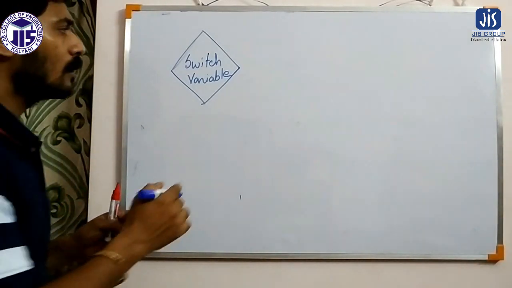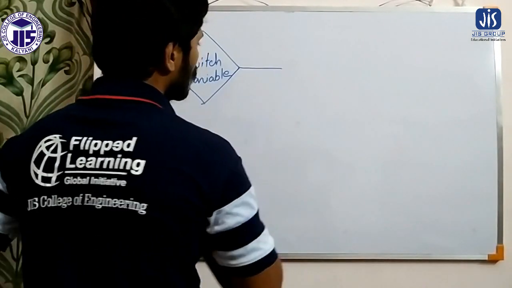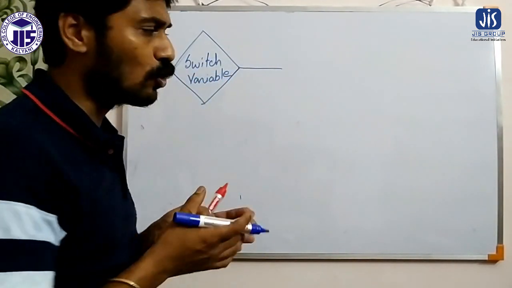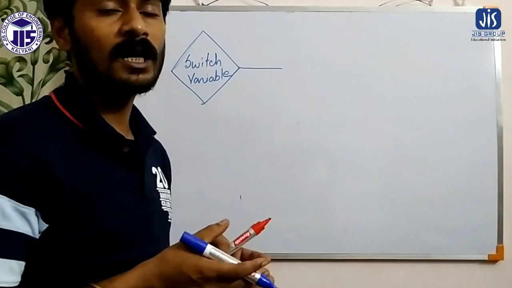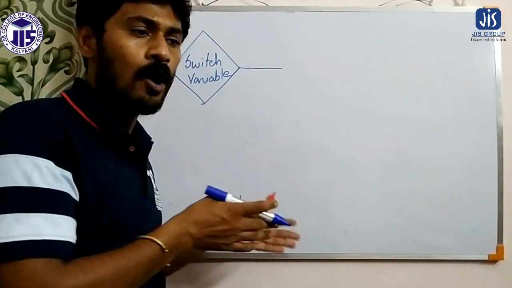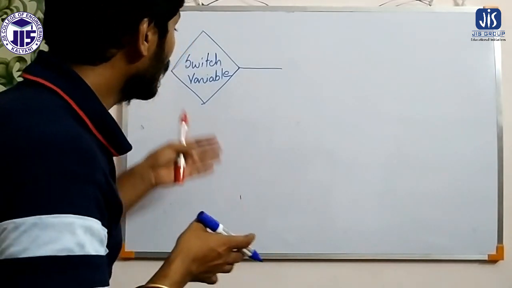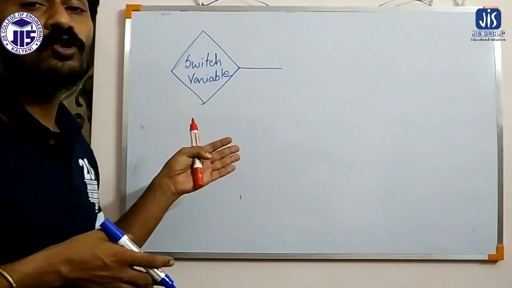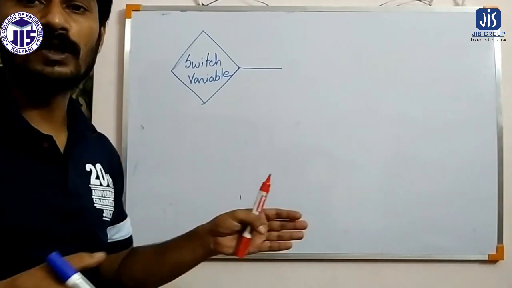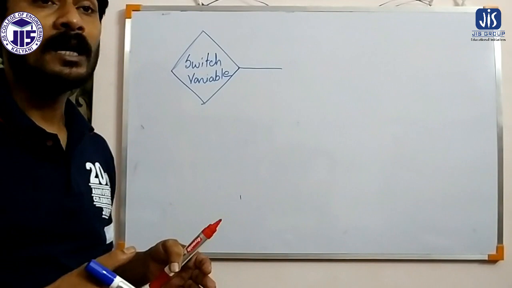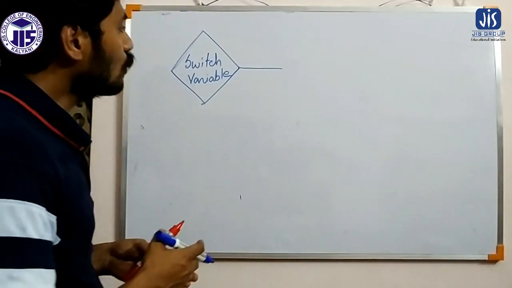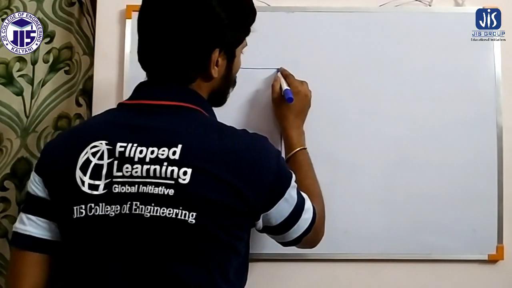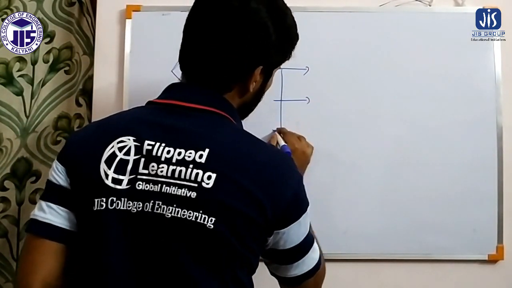As a variable may hold multiple values, it is not only true and false, because in case of a condition there are only two possibilities, either the condition is true or the condition is false. But here we are taking a switch variable, and the value of the variable is not only true and false. The value of the variable may be 1, 2, 3, 4, 5, 6, 7. The value of the variable may be A, B, C, D. So in that way we have multiple options.